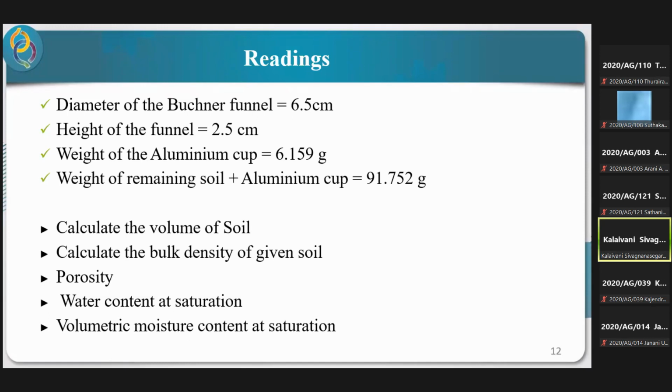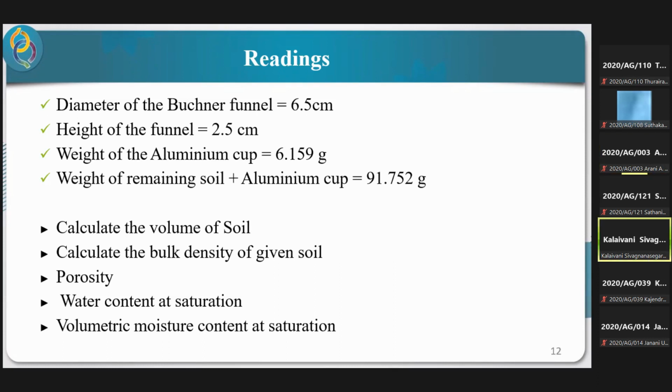You don't know, no? How much of sample you took in that Buchner funnel? Now you only found out the volume of soil. For bulk density calculation, you have to know the mass of soil solid. So how will you find out? You already know the initial amount, right? What is that? Mass of soil initially taken: 200 grams.